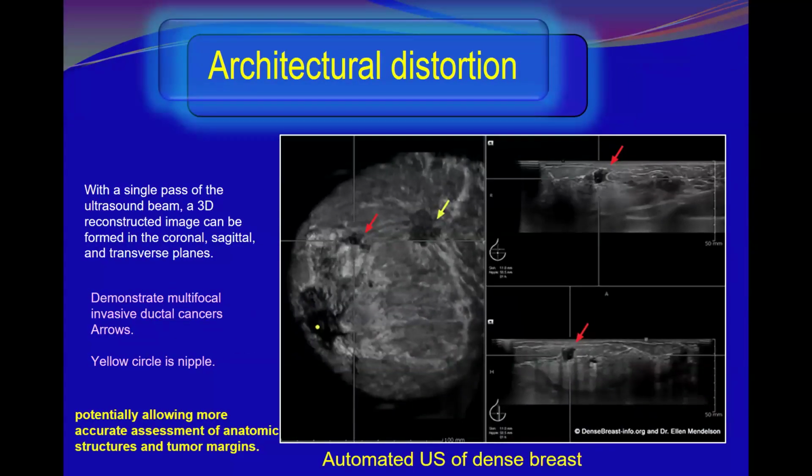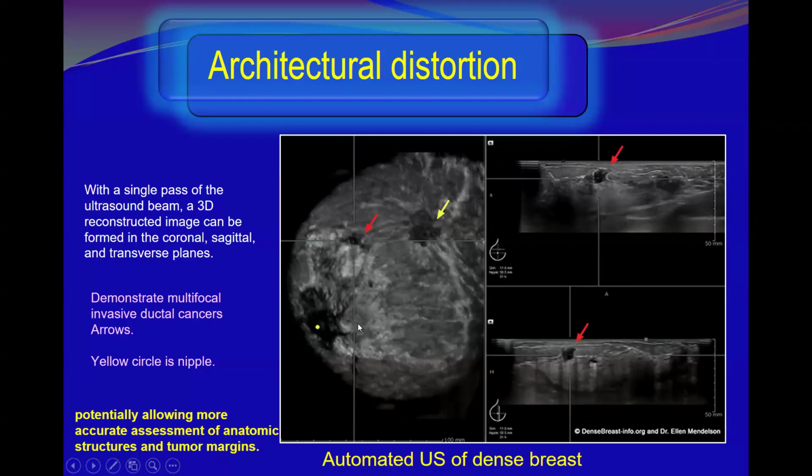Okay. Also, here we can see an automated ultrasound image showing very nicely the architectural distortions around a malignant mass. Here we have multiple multifocal malignancy, and this is here the nipple.